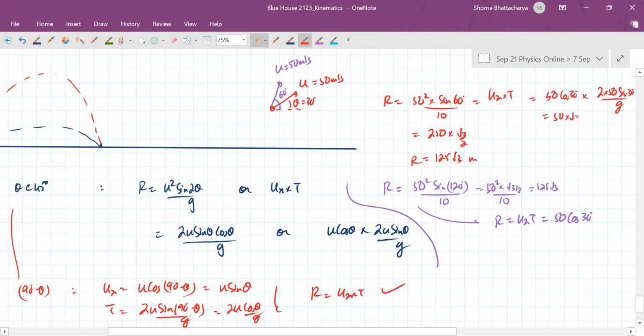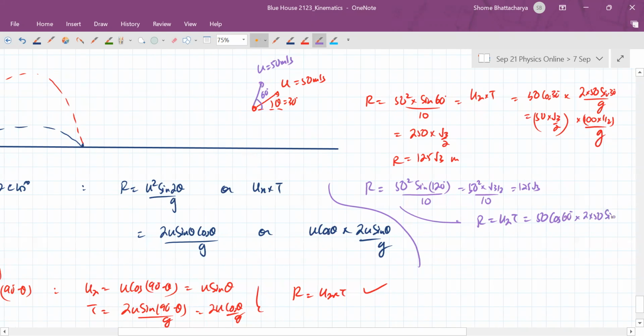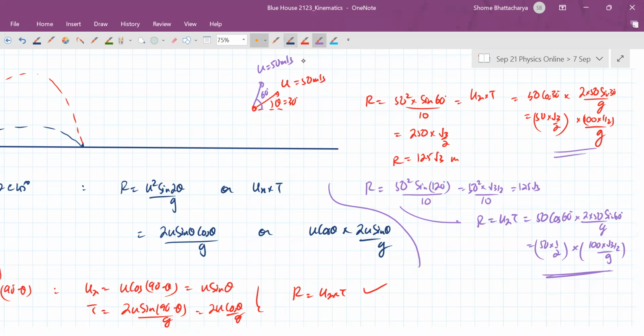So it's 50 root 3 by 2 into 100 into half divided by g. So here it is 50 into half, but the second term is 100 into root 3 by 2 divided by g. You can see that this value is equal to this value.